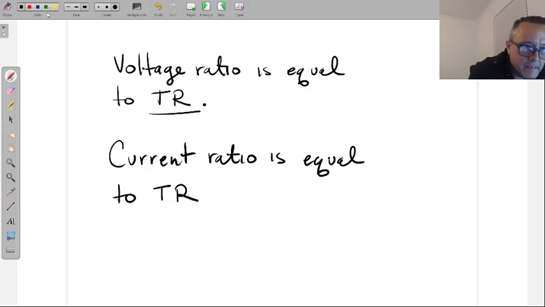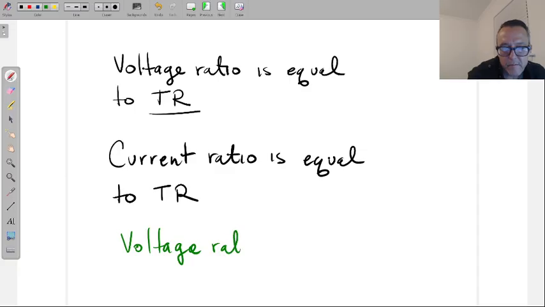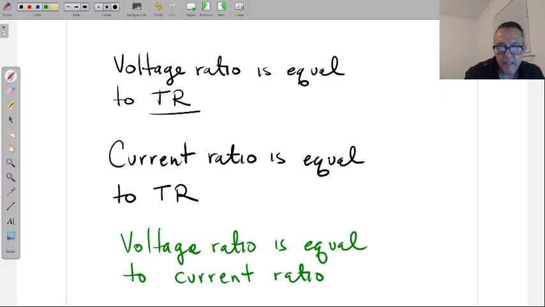Which would then mean, although you don't have to write this one down, so I'm going to put it in another color, it is the result of this, which is voltage ratio and current ratio are equal. Current ratio, right? Because they're all equal to each other, which is what this is letting us know.